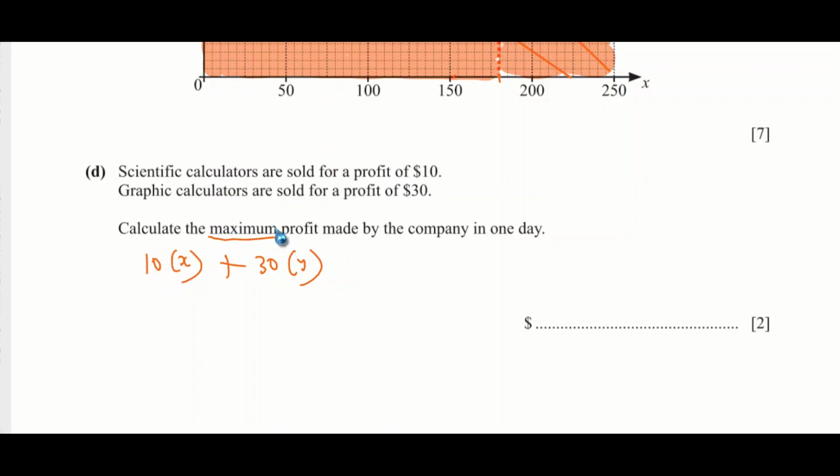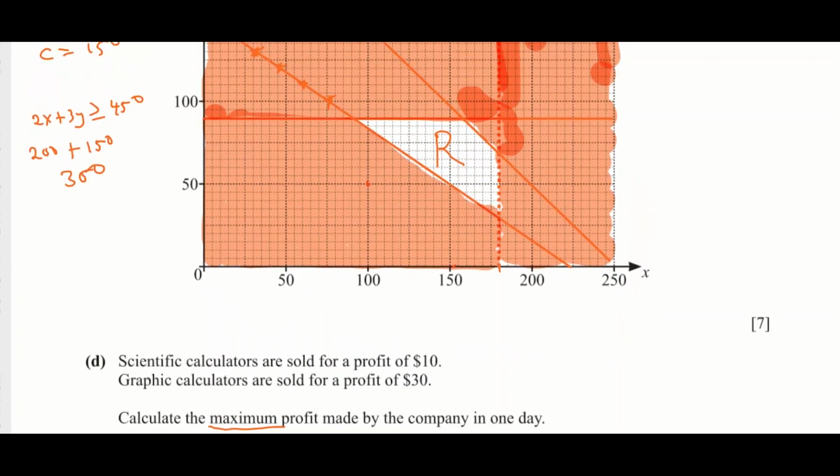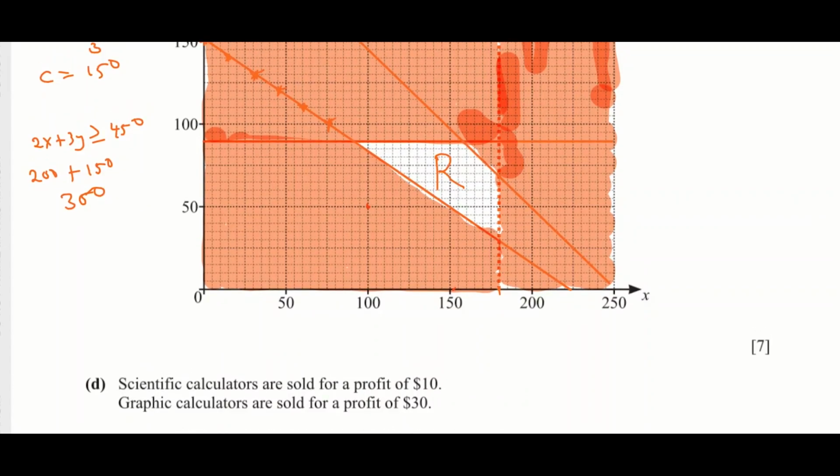So from the graph now, let's go for the maximum. What will be the maximum value of x and y? The maximum value of y is this. It is pretty straightforward. That is 90.